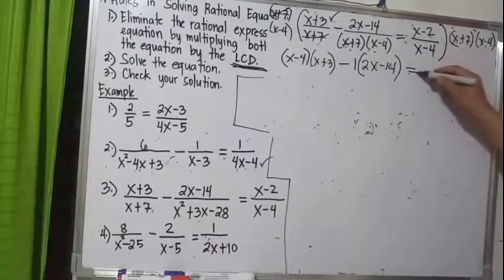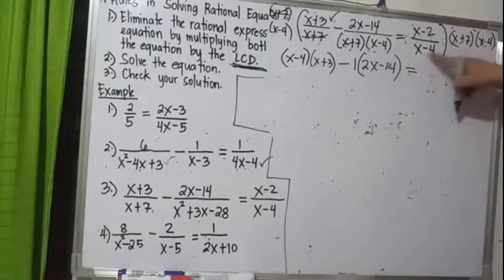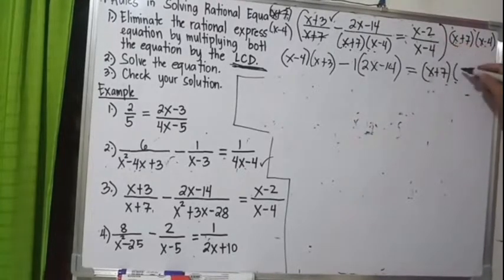Then equals this one, eliminate. So the remaining value is x plus 7 times x minus 2. Okay. So the LCD is x plus 7 and x minus 4.